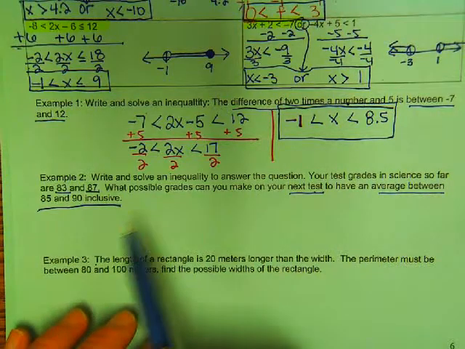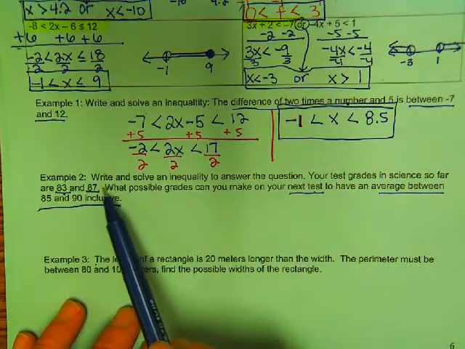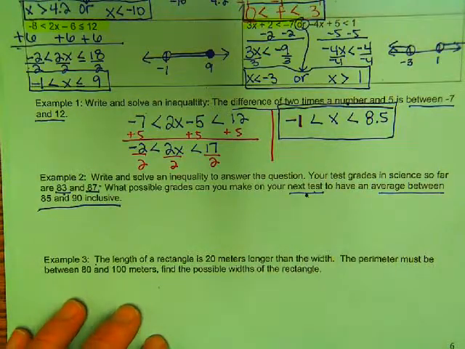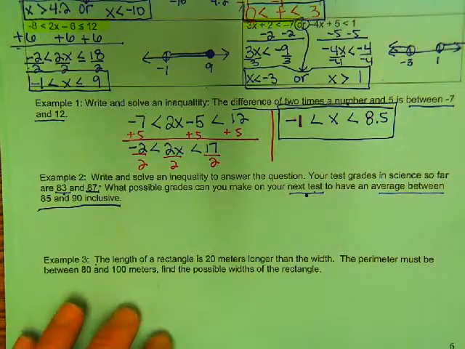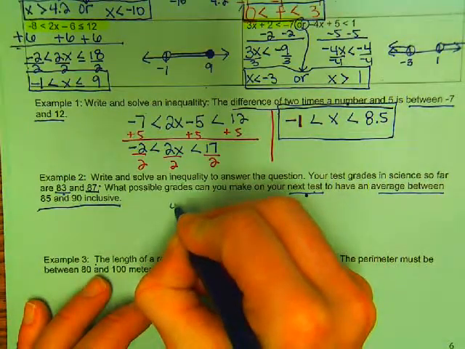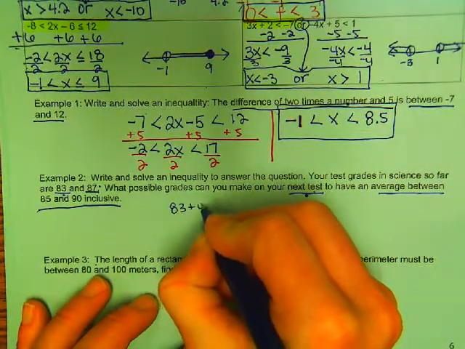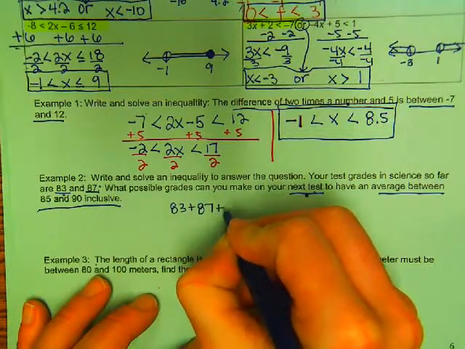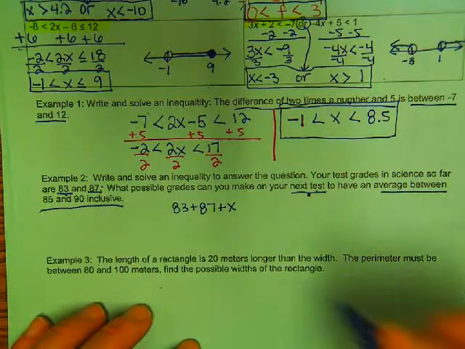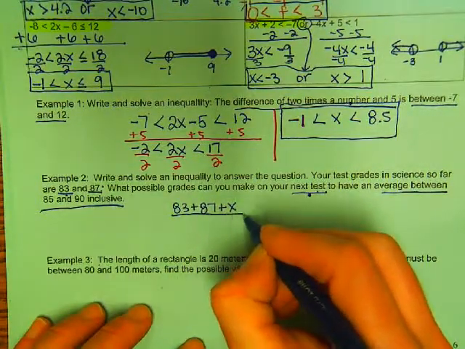So total I have an 83, an 87, and another test. That is 3 tests. To find an average, I would add up 83 and then 87 and then the 3rd test, which I don't know the score of, so I'll call that x, and we would need to divide that sum by 3.